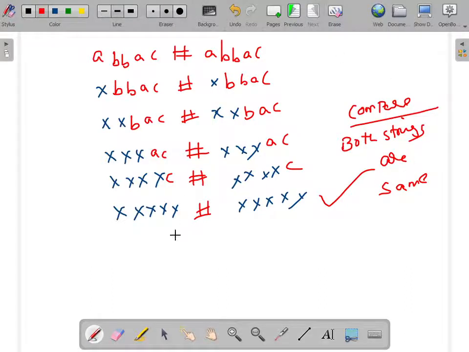The first was A B B A C, A B B A C, and at the end it is X X X X X, and here also. But here we are losing the original string. This is good, it is compared and it is the same, but what is the original string? We lost that. We don't have that.